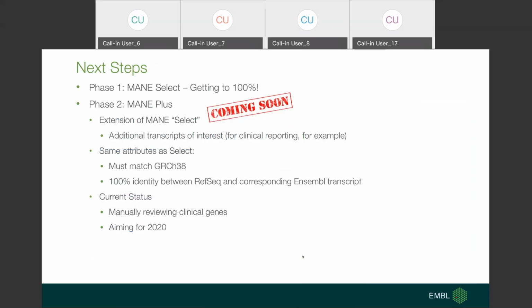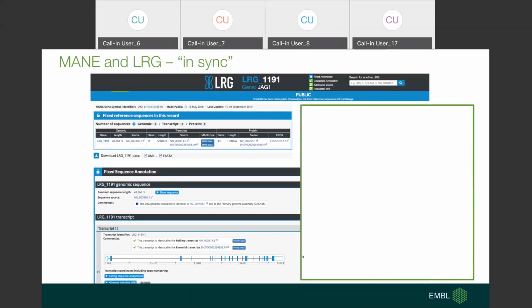I think I should just quickly show you this additional slide. I know that many of you, or some of you, might be familiar with the LRG project that had the similar goal of identifying sequences for reporting and including transcripts. And it's the same group of people that work on both projects. And what we've tried to do, instead of duplicate, is to synchronize.